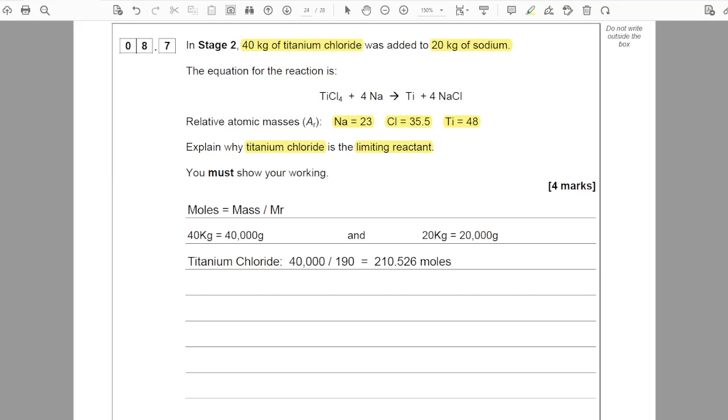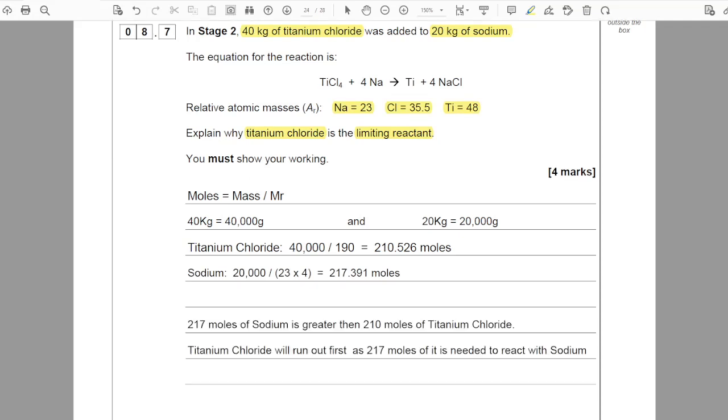In the same way, for sodium, we have a relative mass of 92 because we have 4 lots of 23, and the mass of the sodium is 20,000 grams. 20,000 over 92 is 217 moles, and we can see here that the substance with less moles is titanium chloride, which only has 210 moles, and therefore titanium chloride will run out first because it has less moles, and we need 217 moles of titanium chloride to react with 217 moles of sodium.